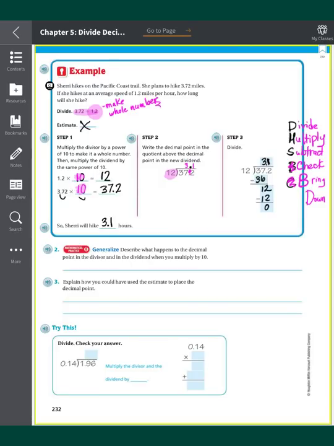So 37 2/10 divided by 12 is equal to 3 1/10, which is the same as 3.72 divided by 1.2. Remember, we multiplied them both by 10, so it's going to equal the same number.